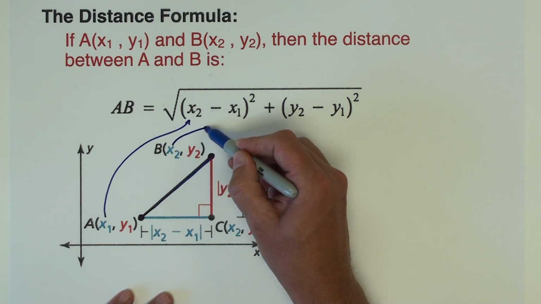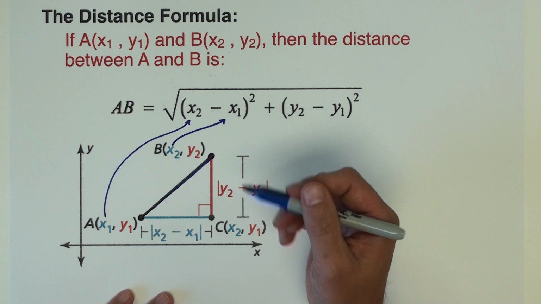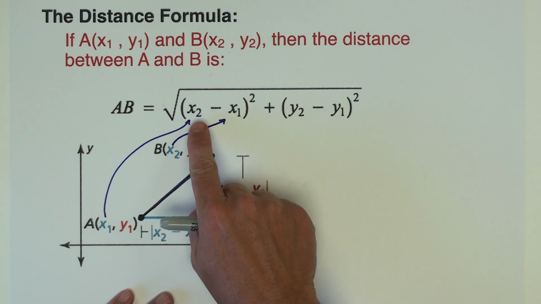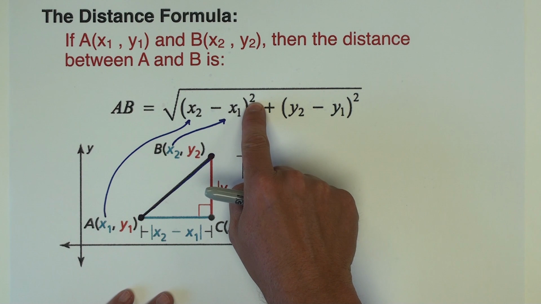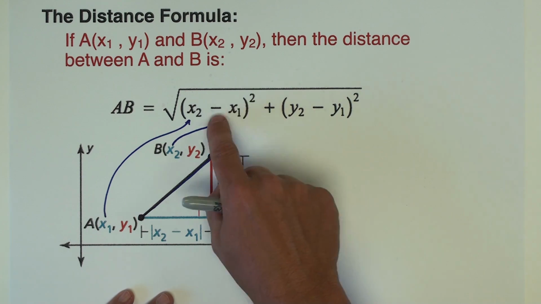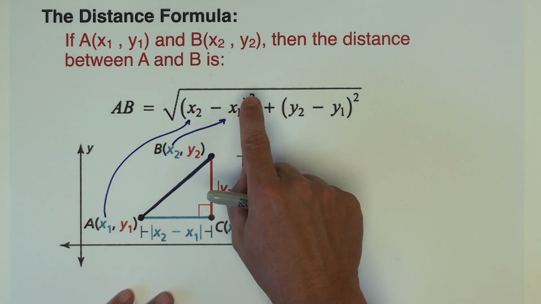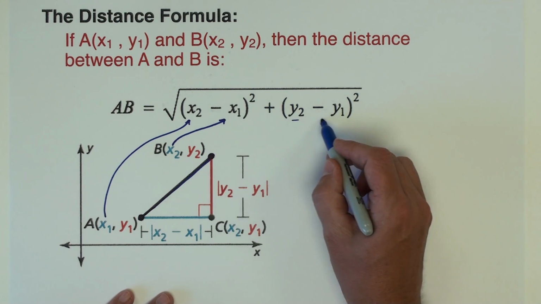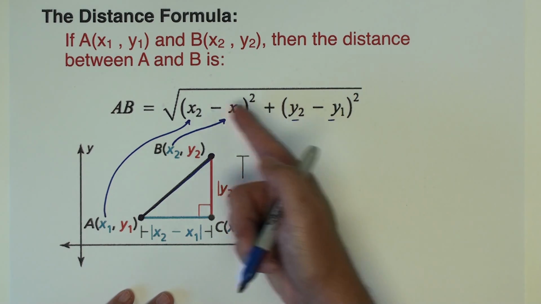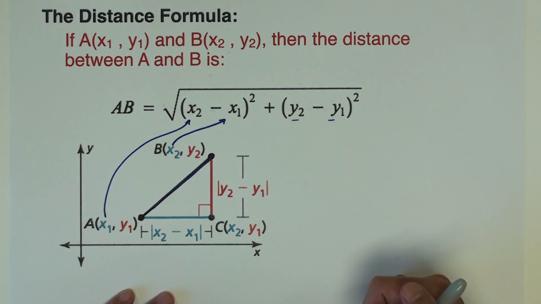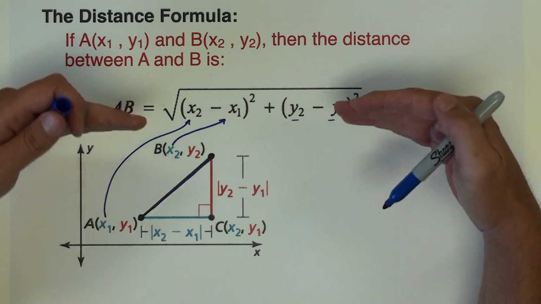Well, it doesn't really matter the order. I arrowed them to the wrong spot. But you're going to subtract the x coordinates and then square that quantity. Because we're squaring it, it doesn't matter the order here. But you're going to subtract those and square it. And you're going to do the exact same thing to the y coordinates of the points and square it. Add that and then the square root of the whole thing. Okay? That's our distance formula.